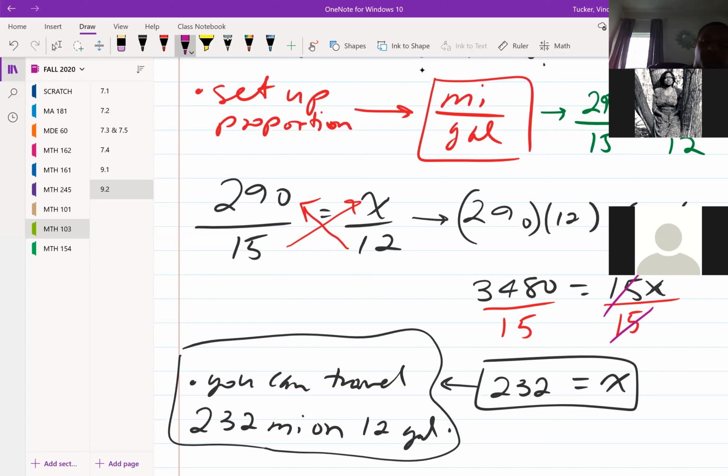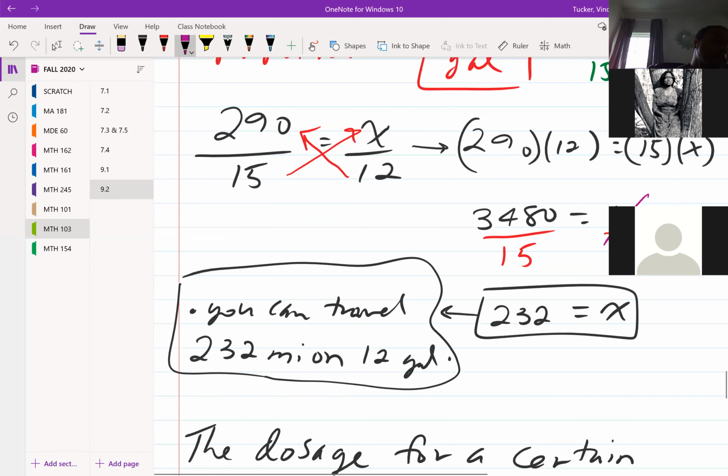I have a question. Yep. I mean, I got 231.96. So we're supposed to round? Did you do 3480 divided by 15, or did you? I don't know. I feel like the way you did it is a little complicated for me. So I just divided the first numbers that we were given.